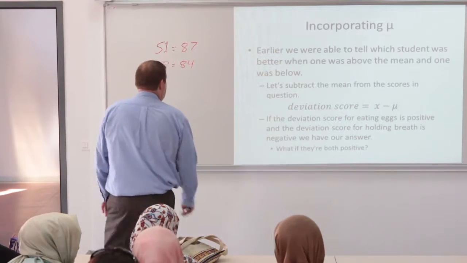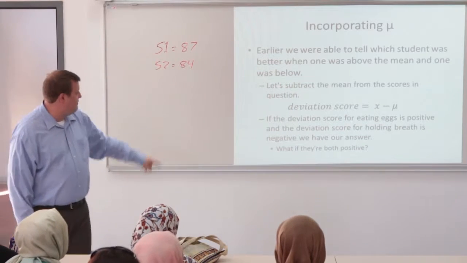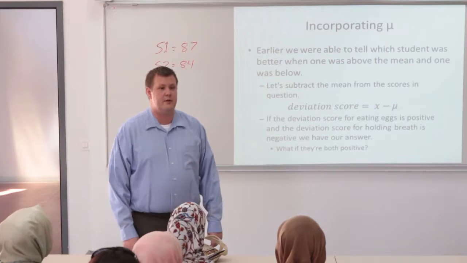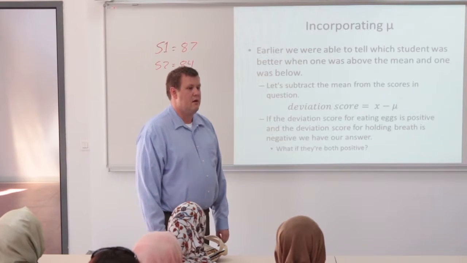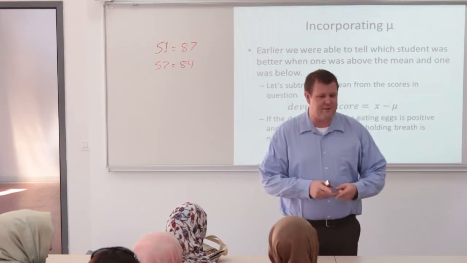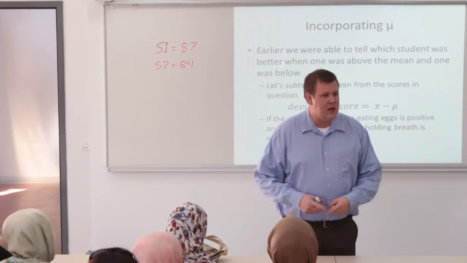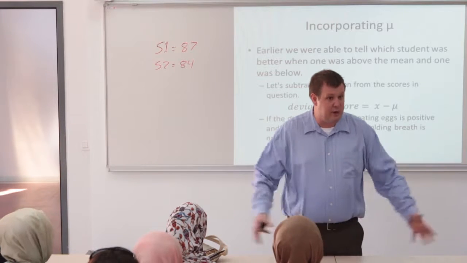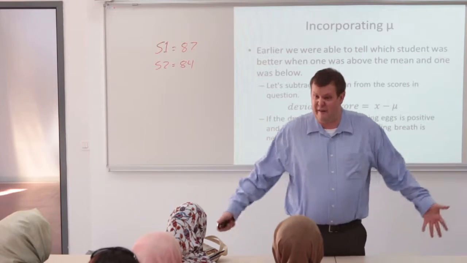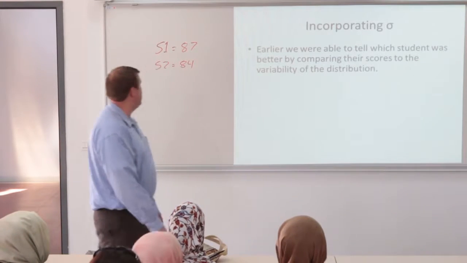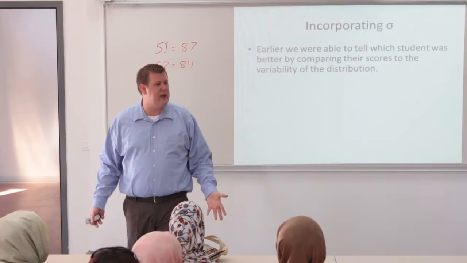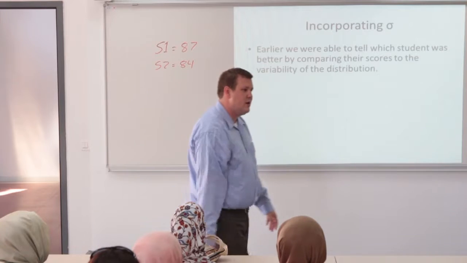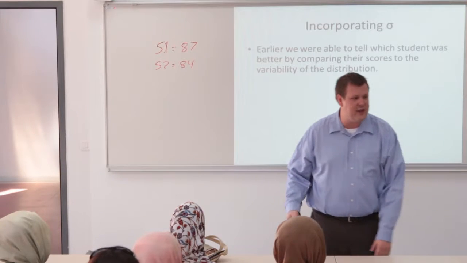All right. Now, what if the deviation scores are both positive? Then what do I need to do? Which one is more? I need to see which one is farther away from the mean in terms of how spread out scores are, in terms of how variable scores are. So that means I need to incorporate a measure of spread. And I'm going to use the standard deviation. I could use range, I could use other things.